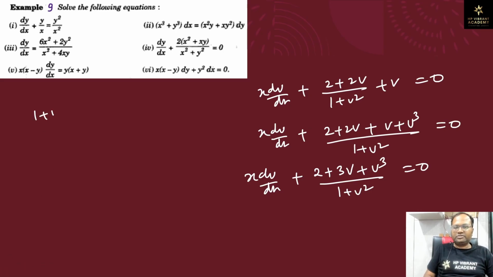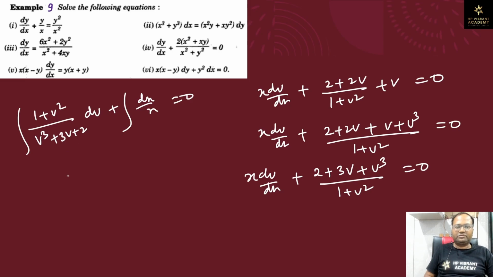So we have (1 plus v square) upon (v cube plus 3v plus 2) dv plus dx upon x is equal to 0. Okay, so let us take v cube plus 3v plus 2 as u. So (3v square plus 3) dv is equal to du.